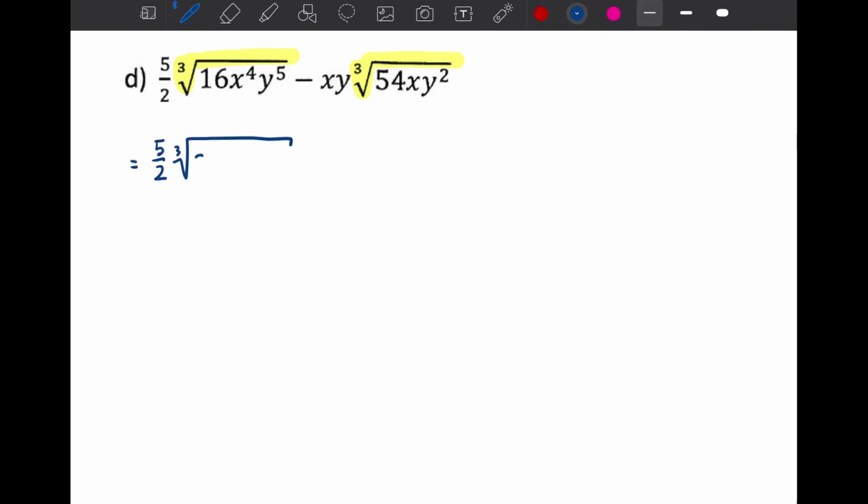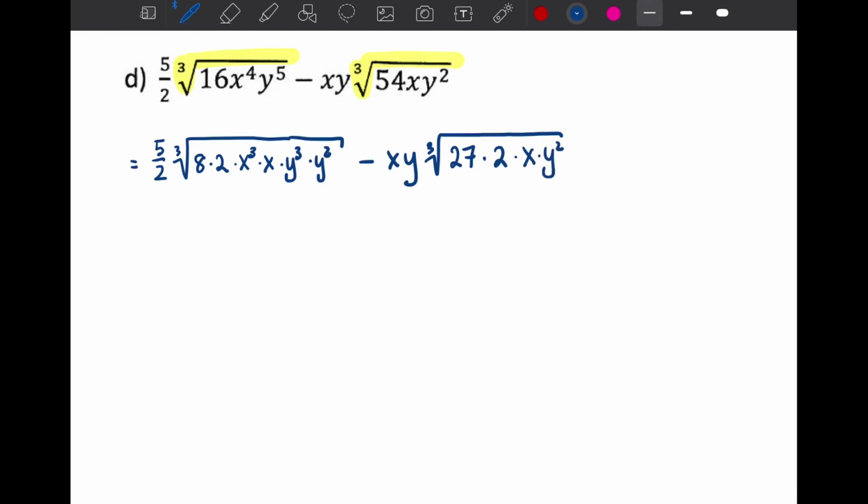We have 8 times 2, which is equal to 16, x cubed times x equals x to the power 4, and then we have y cubed times y squared, which equals y to the power of 5. We'll do the same thing for the next one. We keep the coefficient, x and y, and then open the cube root and find the perfect cube factor. So 27 times 2 is 54. We have x and y squared left over.